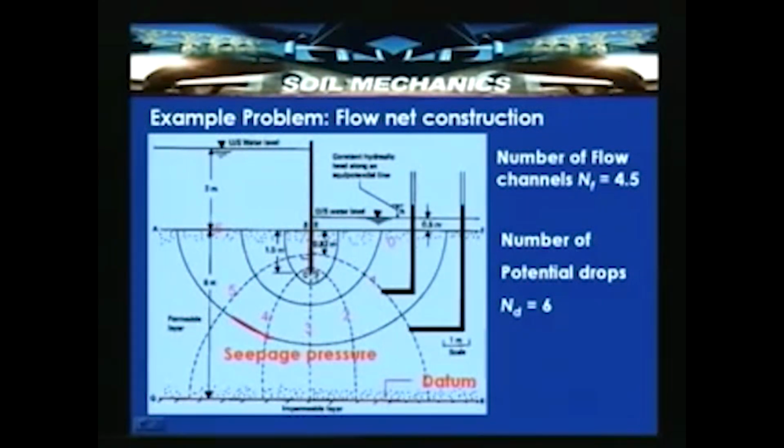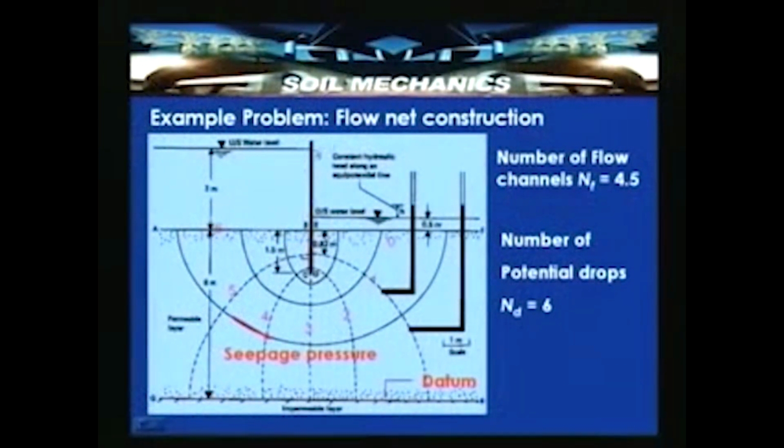This sheet pile wall is driven into the ground and is perpendicular to the plane of the figure, the length is continuous, and if the flow is taking place, then the flow takes place from higher head to lower head. So, in this case, we have the upstream water level and the downstream water level. The head loss, which is the difference between upstream water level and downstream water level, is somewhere around here.